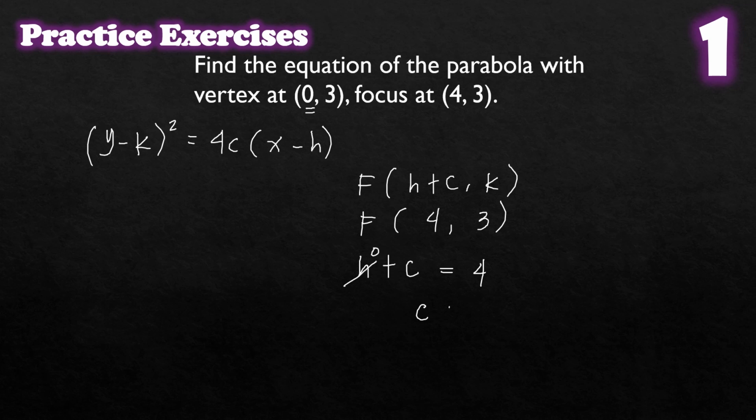Therefore, c = 4. Then substituting the value of c and the coordinates of the vertex to the standard form of the equation of the parabola, we will have (y - 3)^2 = 16(x - 0), that will be 16x.